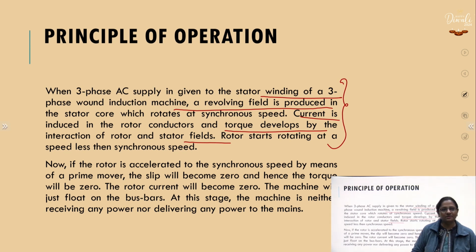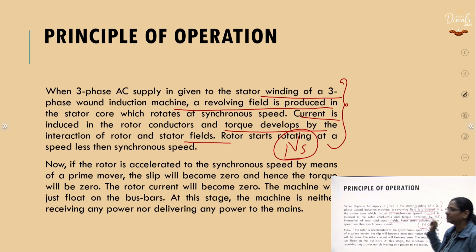the rotor starts rotating. Now, if the same rotor is decoupled from the load, or if the same motor is now coupled with an external prime mover, and this prime mover starts rotating the rotor at a speed which is more than synchronous speed Ns, the machine will start acting as a generator.